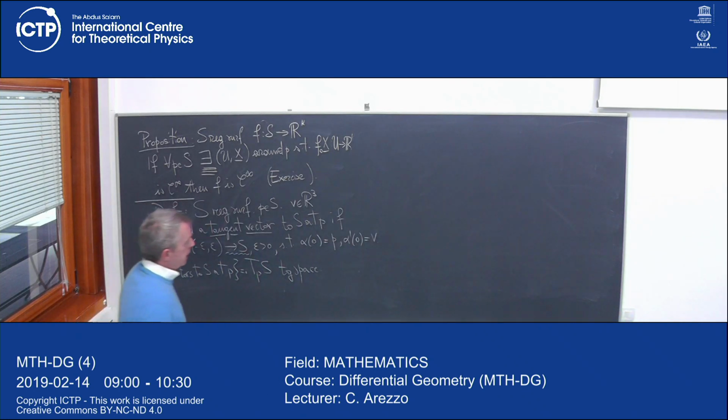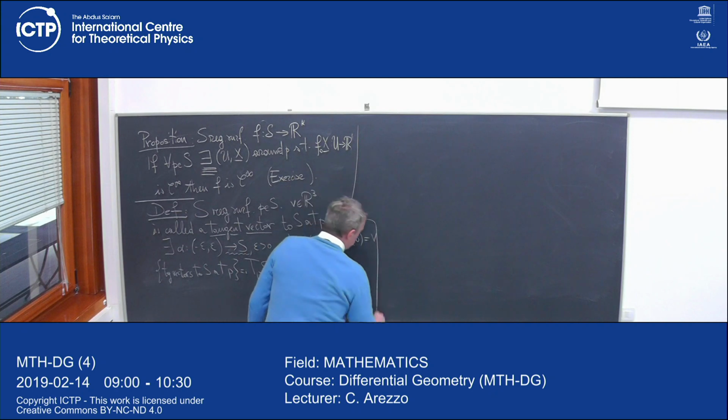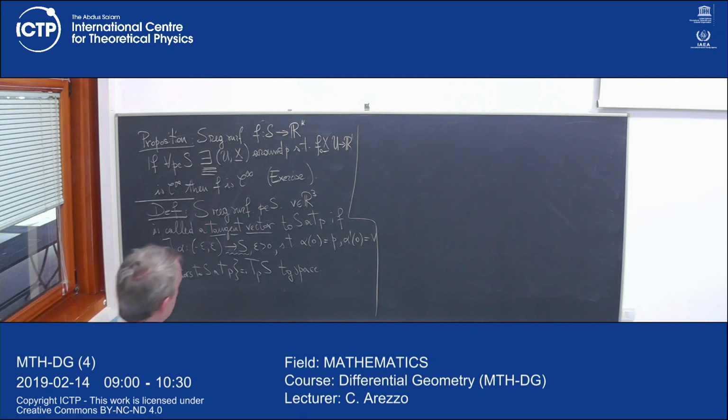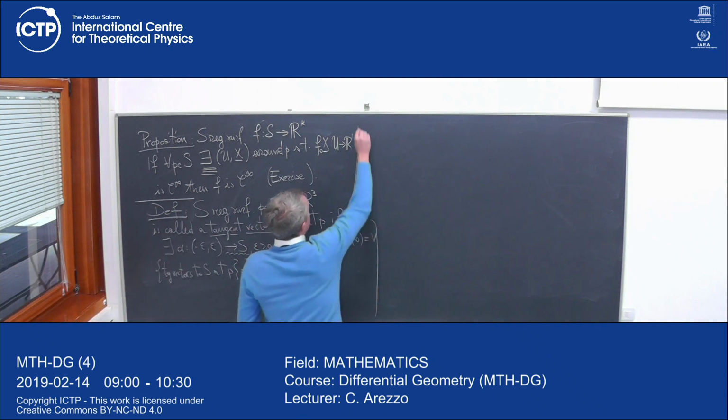Now comes the crucial observation about the structure. This is as a set, but it is much more than a set. And the structure of this set is hidden in this lemma.